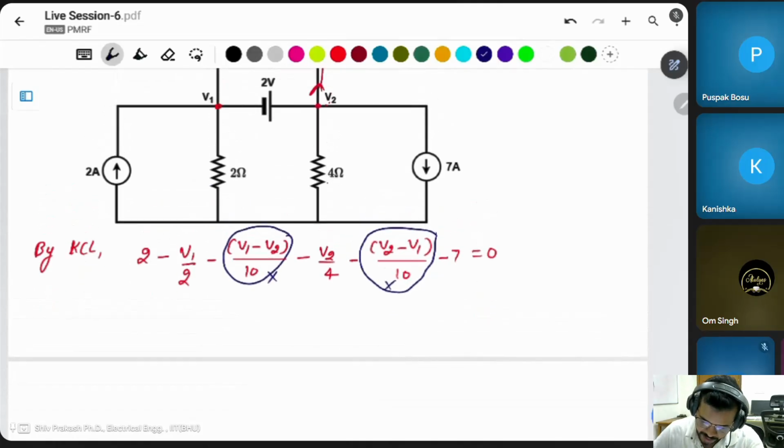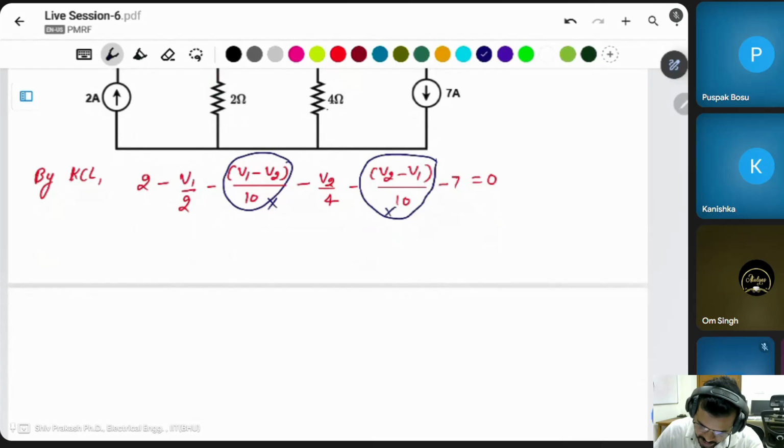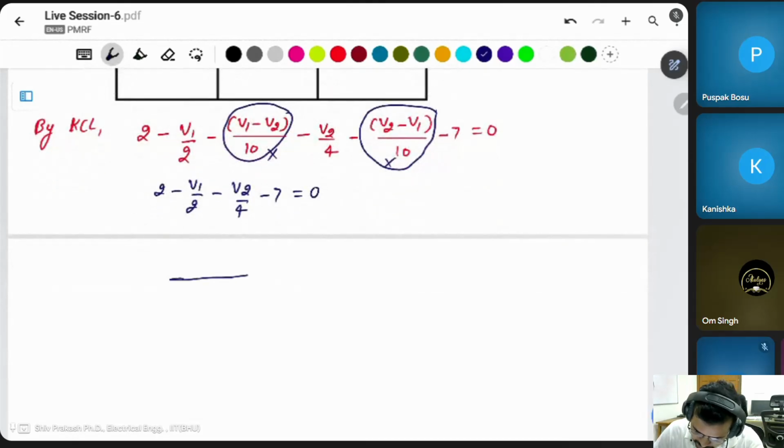We have to simply add these two branch currents. Then this will be 2 minus V1 by 2 minus V2 by 4 minus 7 is equal to 0. Take LCM 4. This will be 8 minus 2V1 minus V2 minus 28 is equal to 0.